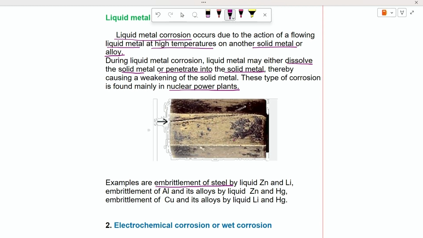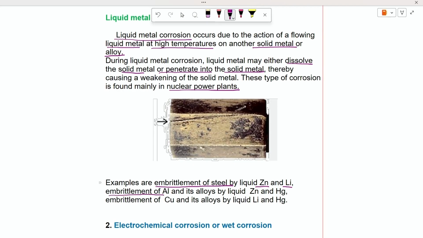This is actually due to liquid zinc, or it can be lithium. When it flows over it, it penetrates and causes the metal to become weak, and the metal surface shows cracks because the bond between the metals is broken. So, it forms cracks, and such corrosion is also observed, that is embrittlement.